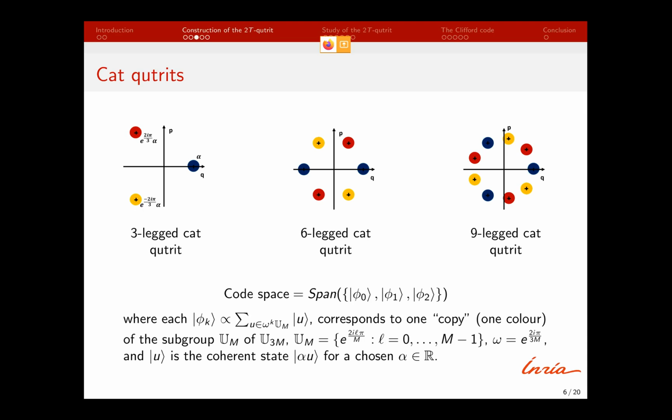Mathematically, those copies correspond to cosets of a subgroup of the roots of unity. Basically, each state is defined as a uniform superposition of the coherent states that correspond to one coset of a subgroup.